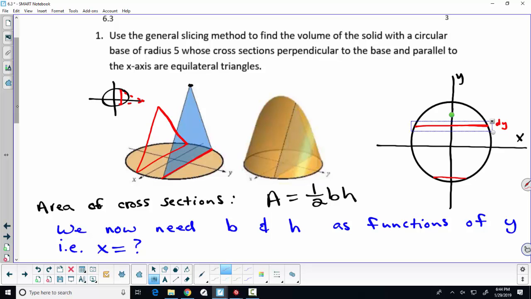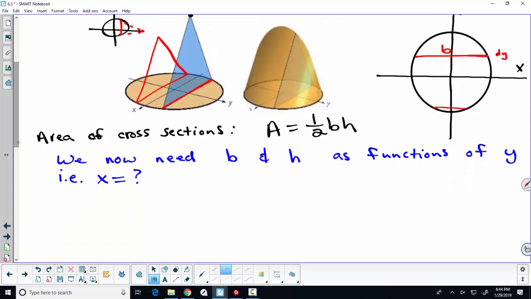I know what you're saying. So let me see if this makes sense. If we label this as the base, and since we've got a horizontal element, we're measuring the length of that like we did in 6.2. It's just the right minus the left. So the base is the right minus the left.